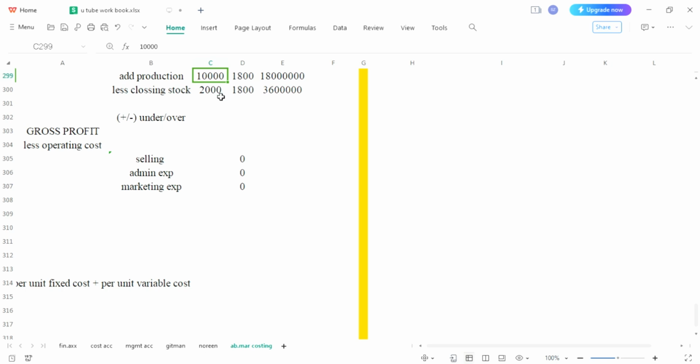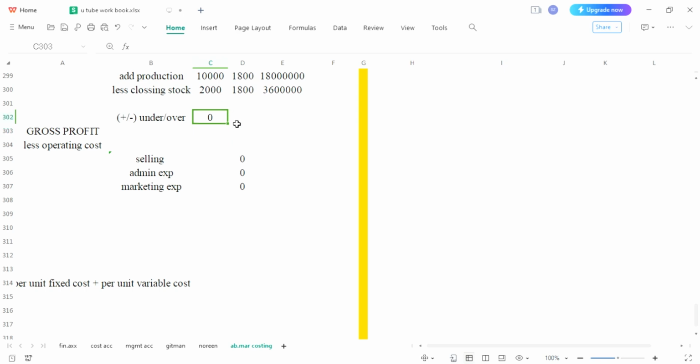So it means there is no under or over applied. We have produced the number of units according to our capacity. How did you conclude it? The capacity or the standard of production of this organization was 10,000, and in actual they have produced 10,000 units as well, so there is no variance.